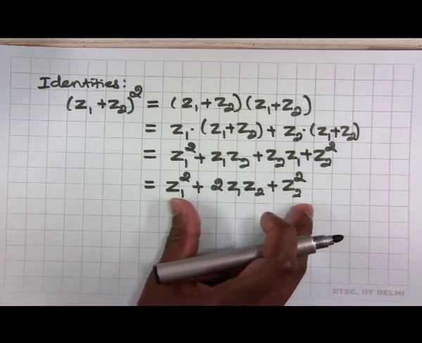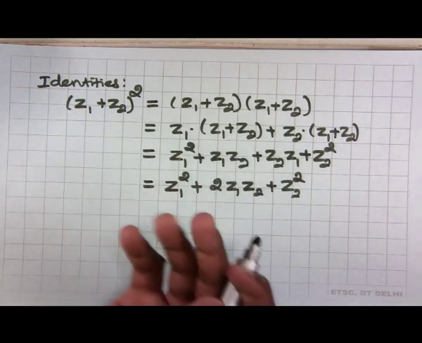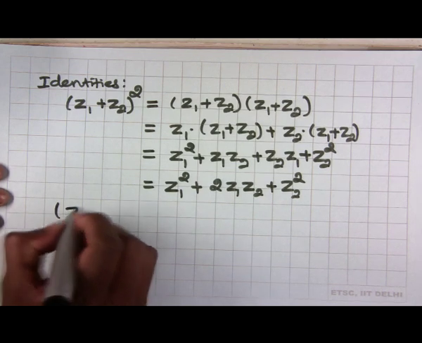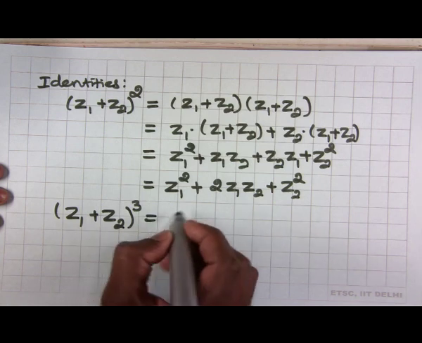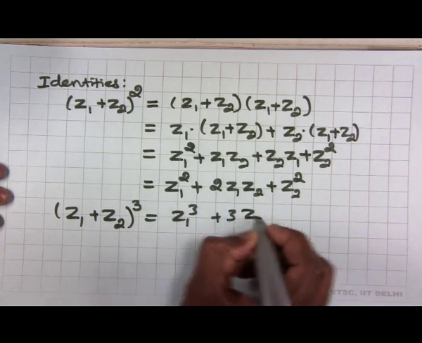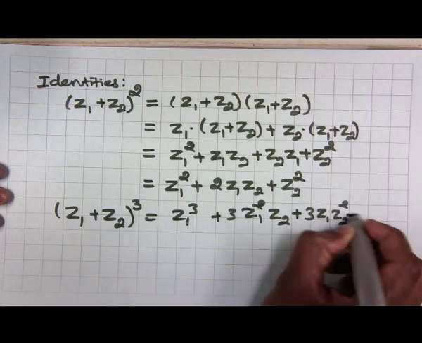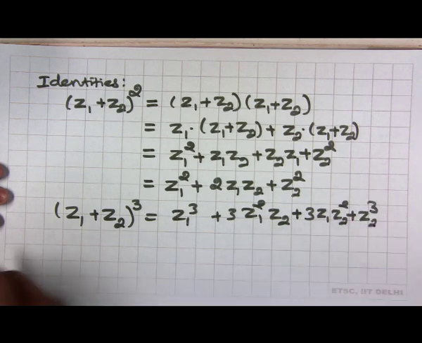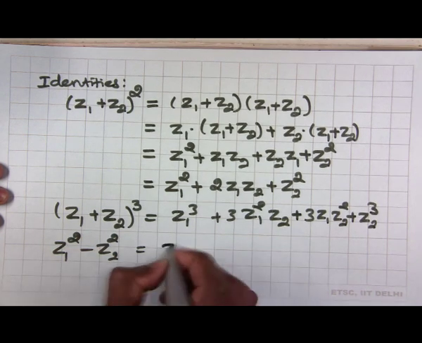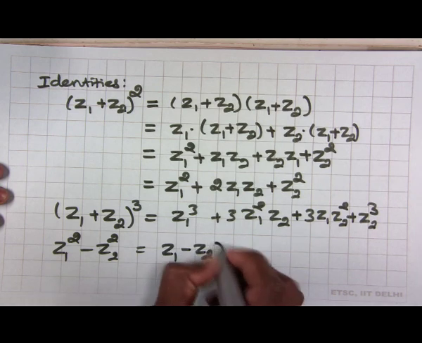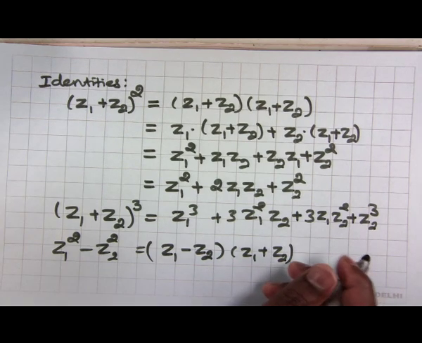Same formula holds for the complex numbers as well, which means once you see this result then you can prove the other identities like (z1 + z2) the whole cube gives z1 cube plus 3 times z1 square product with z2, 3 times z1 z2 square plus z2 cube, and z1 square minus z2 square can be written as (z1 − z2)(z1 + z2).